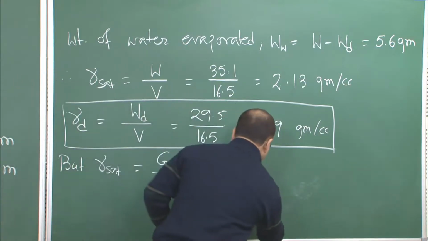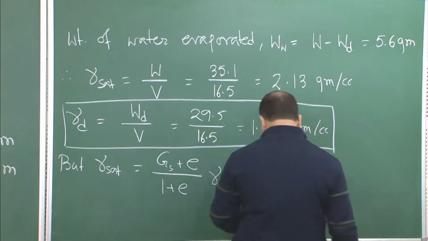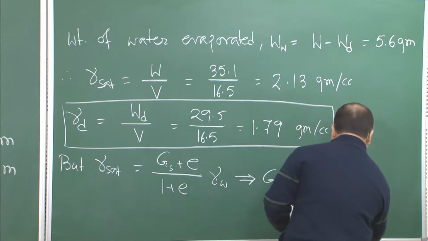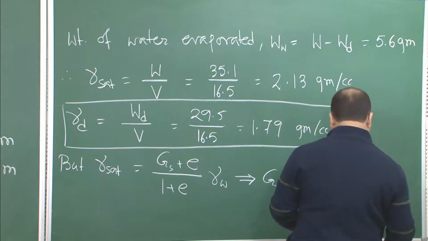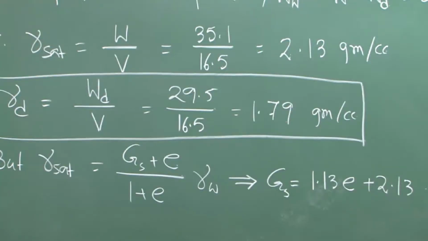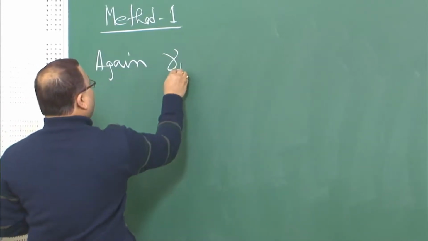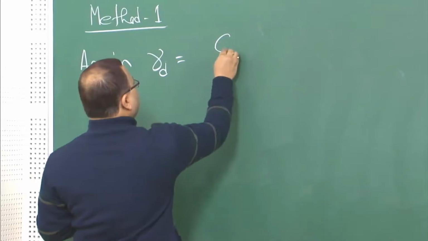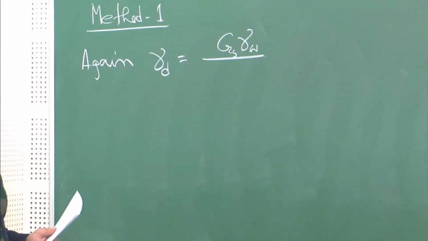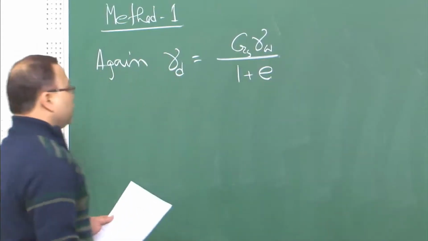So, from this expression you can write down Gs is equal to 1.13 e plus 2.13, which is equation 1. Again, gamma D can be derived; I am not showing you the complete derivation, you can find it from the simple definitions we have covered.